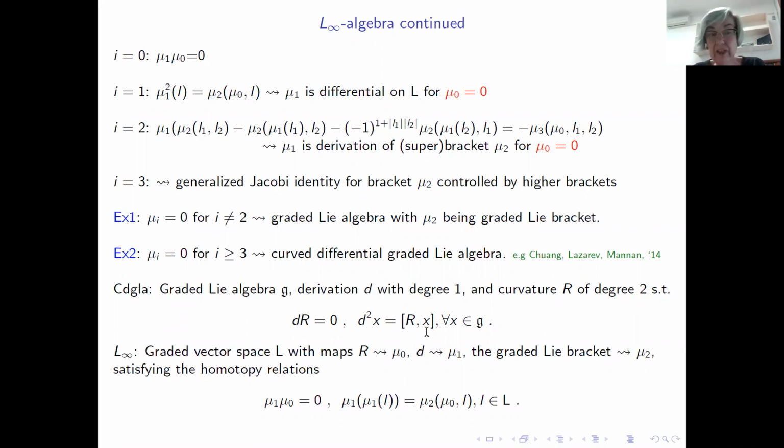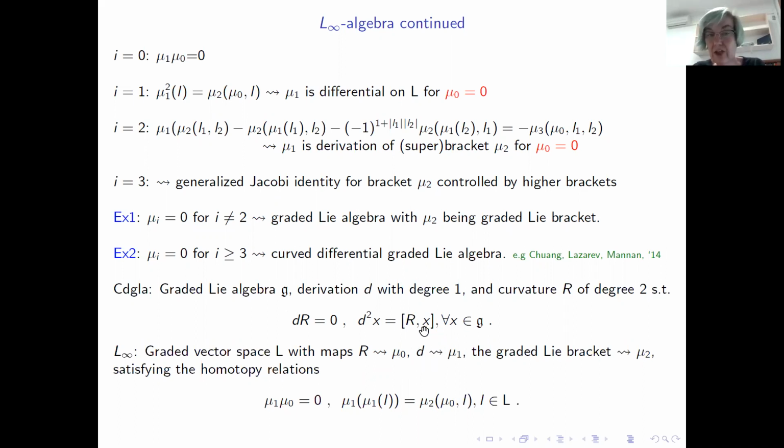And in L-infinity terms, you just compare this with the maps I gave you, so you can identify the curvature R, which is constant, let's say, with this mu0 element of the L-infinity algebra.